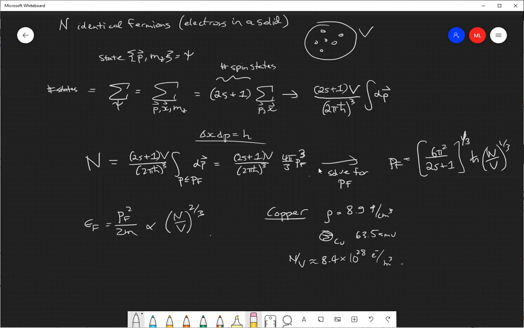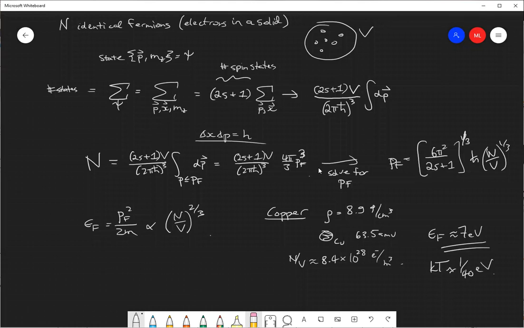So we can plug in N over V, and everything else just depends on h bar and stuff like that. What you'll find is that the Fermi energy for copper is about 7 electron volts. And that is a huge number because, again, the most important scale for me anyway, and something worth remembering, is that kT, the characteristic thermal energy at room temperature, is approximately 1/40th of an electron volt.